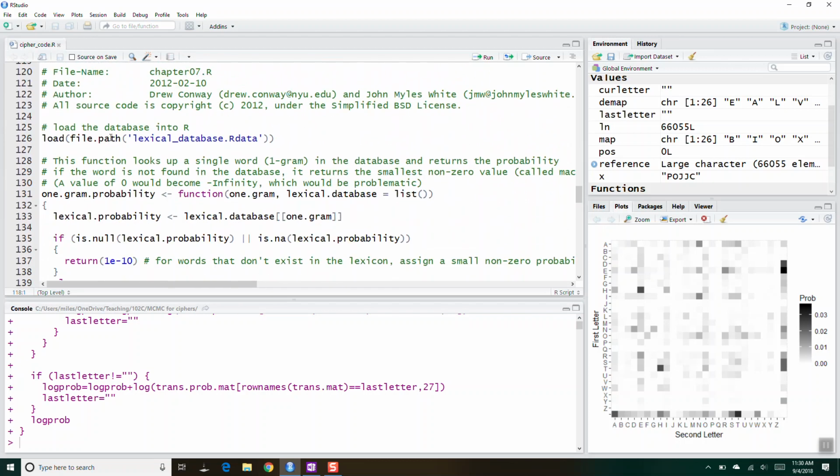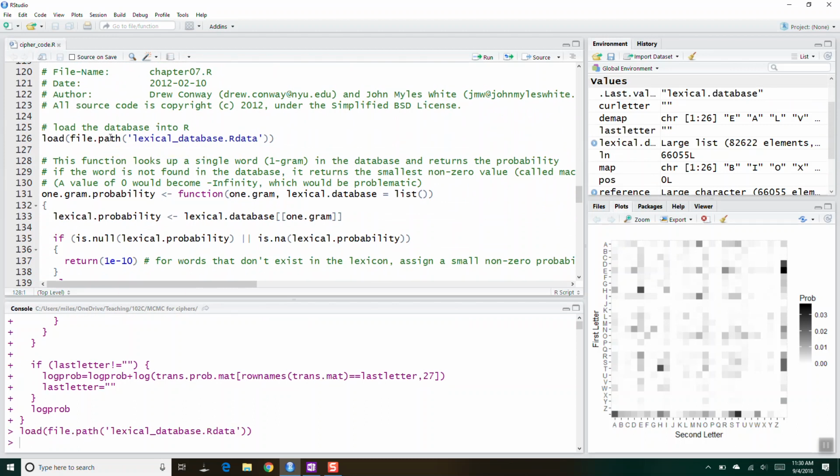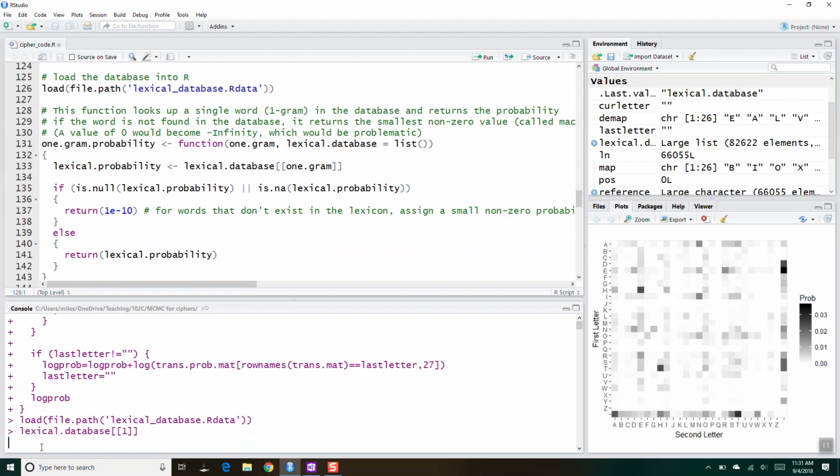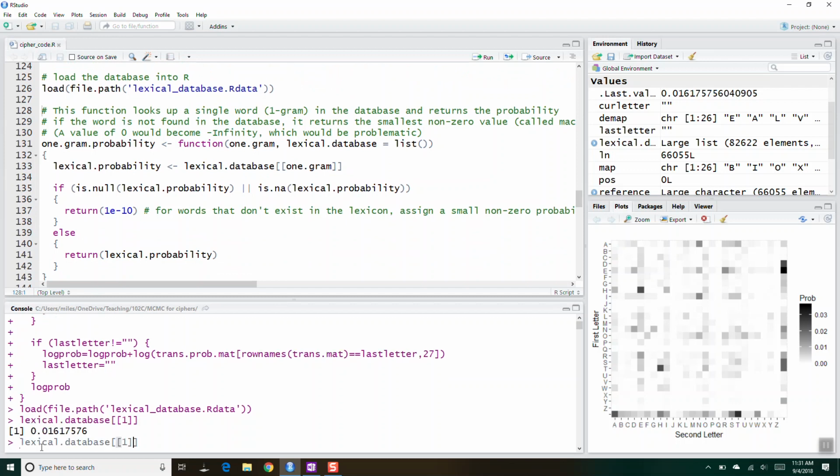Okay, over here I've got this lexical database. It's a big list, but let's just look at it. Let's look at the first one.